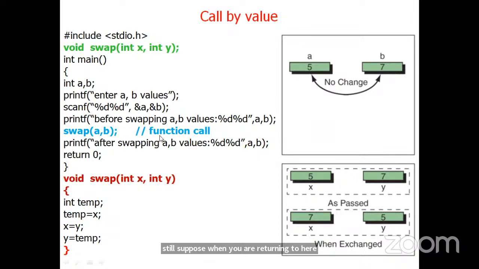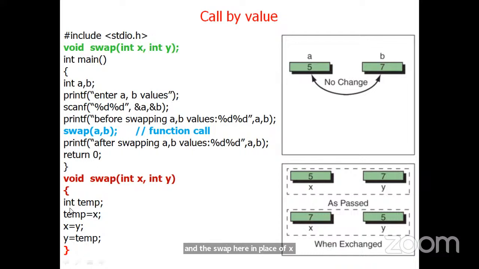Where are the values exchanged? Values are exchanged here only, in place of X and Y, but it is not reflected in A. Yes or no?